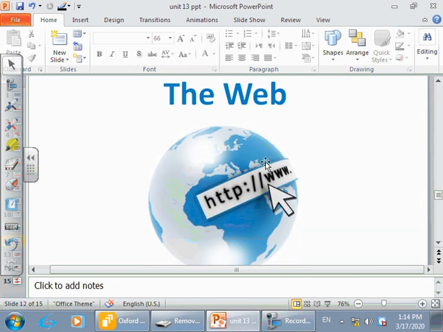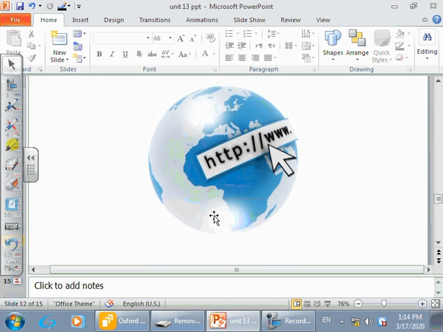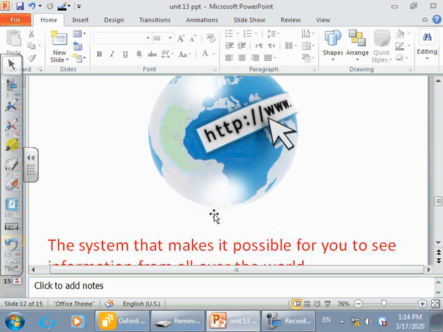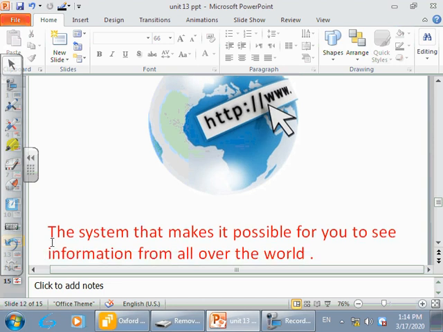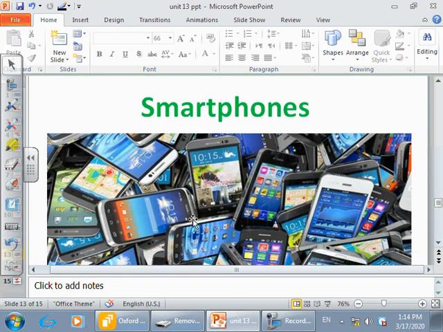The web. The web, guys, is the internet that we use so as to be able to know information and the meanings of each and every word that we have. And the definition is the system that makes it possible for you to see information from all over the world. Smartphones.